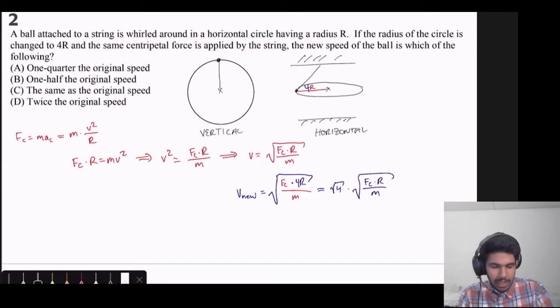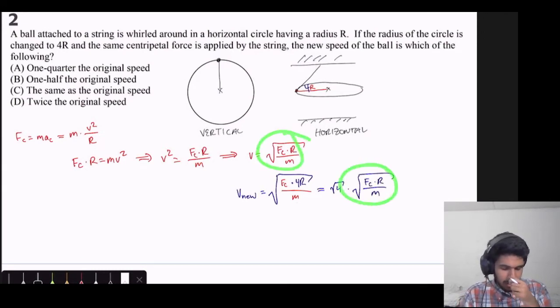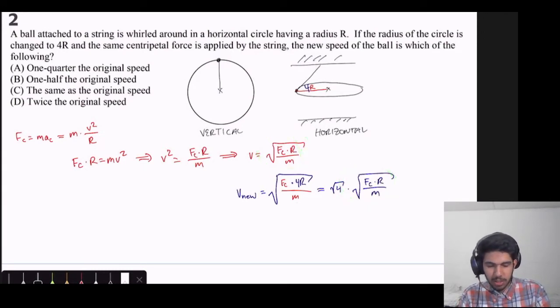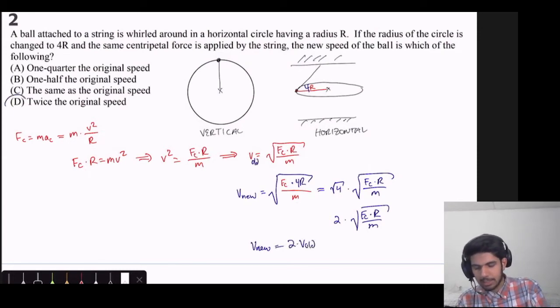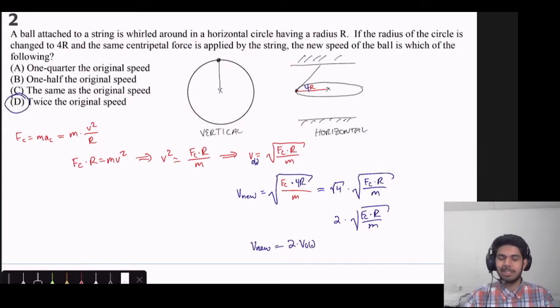And you're like, okay, that term there is right there. So now we have the new term in terms of the old term. So this is just equal to 2 times the square root of F sub c times r over m. So that tells us that V new equals 2 times V old, where this is V old up here. So that means the answer is D, twice the original speed.